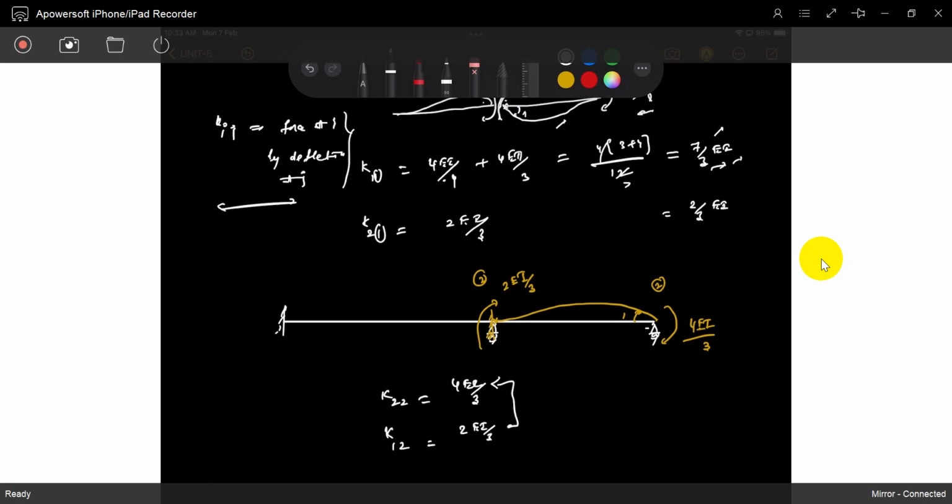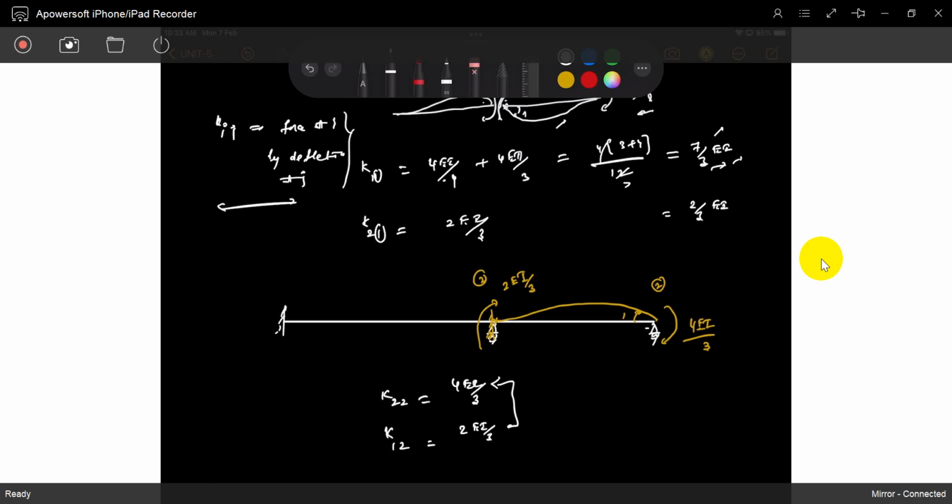That is the idea. You apply a unit rotation at one joint, arrest the others. If 3 are there, give unit rotation at one location, arrest the other 2, and find the force generated at those three locations.